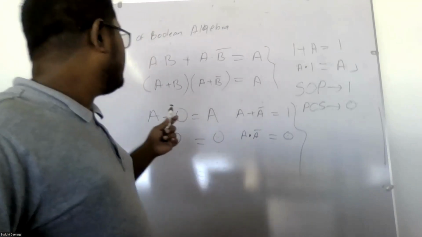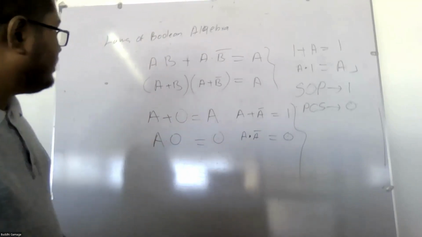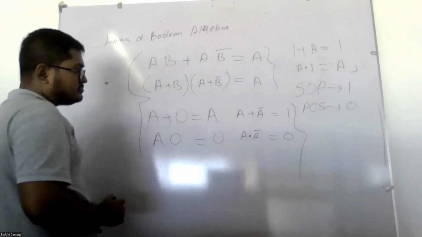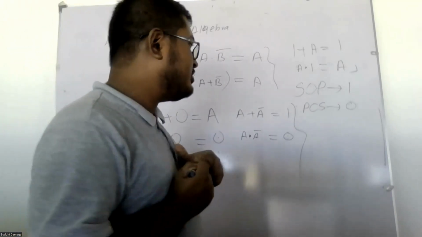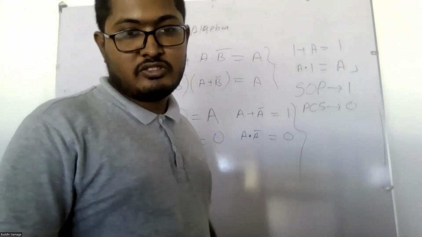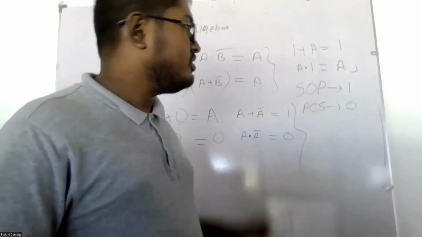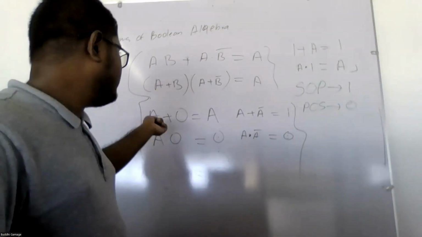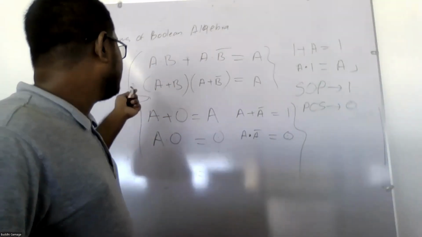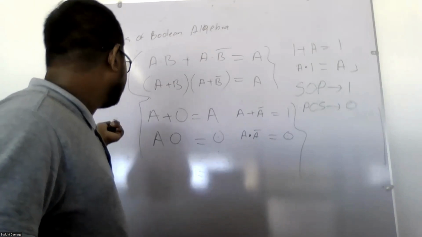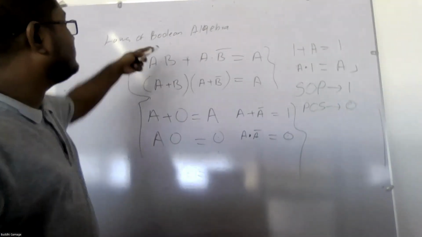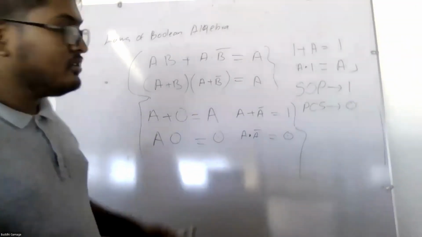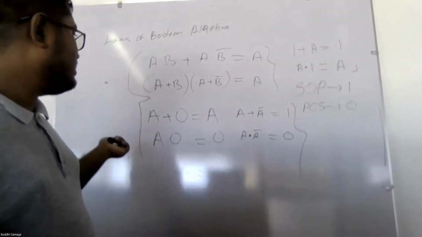So I have given you 6 laws and some characteristics that can be used to simplify a given Boolean expression. I will give you all the necessary details about the laws of Boolean algebra that we are going to use for simplification using algebra.